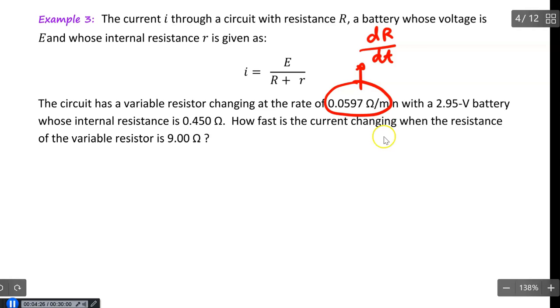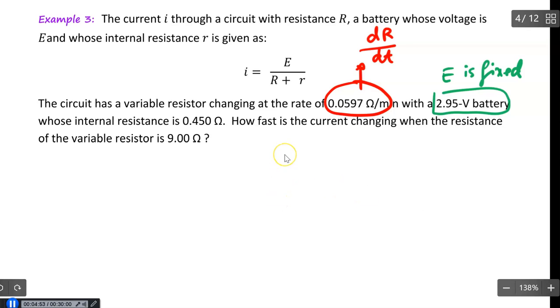And then what we have next is a 2.95 volts battery. So this is the battery where you are not going to change this value, right? So this is the E, which is the fixed value. So this one, I am going to identify as E, and it's fixed. Okay, so you're not going to change this, right?